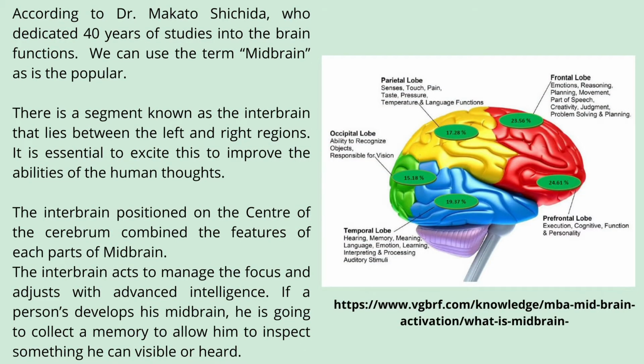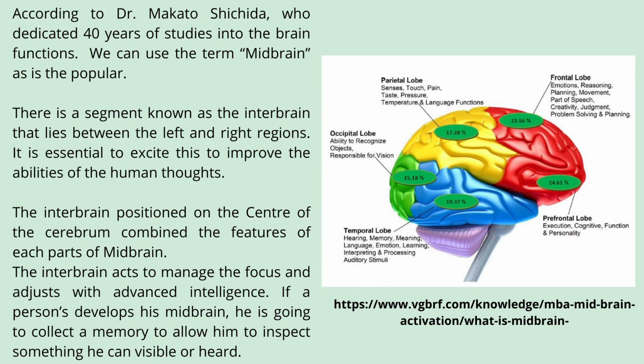According to Dr. Makoto Shishida, who dedicated 40 years of studies into the brain functions, we can use the term midbrain as is popular. There is a segment known as the interbrain that lies between the left and the right regions. It is essential to excite it to improve the abilities of human thought.